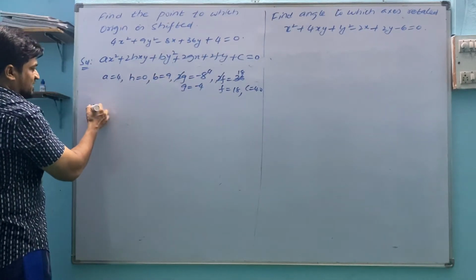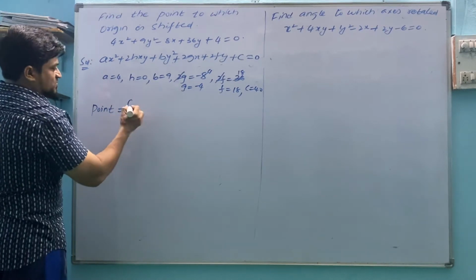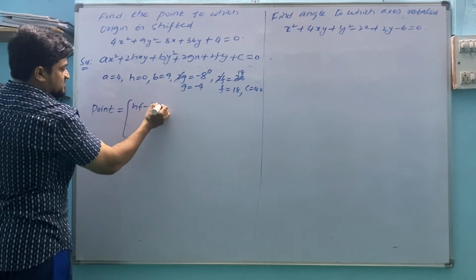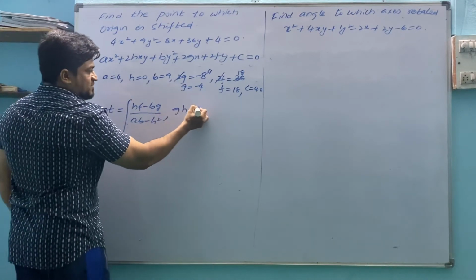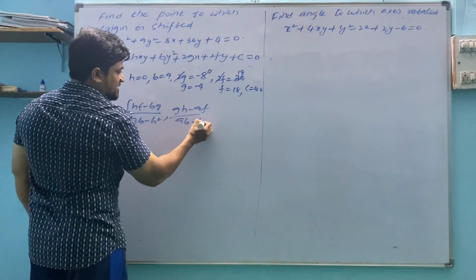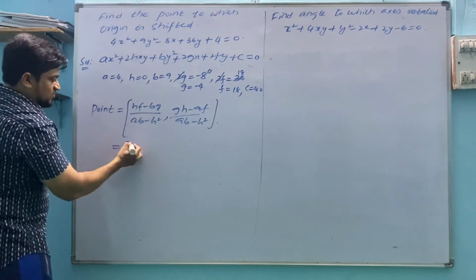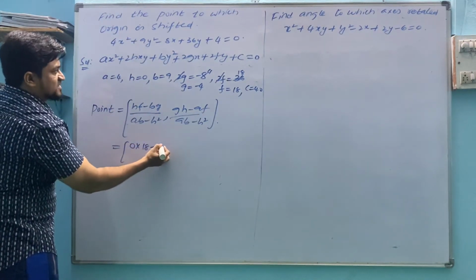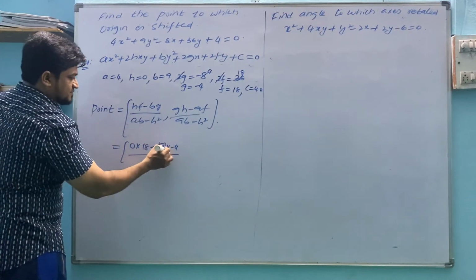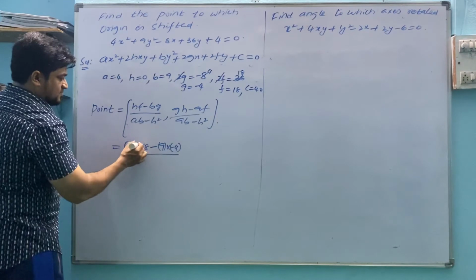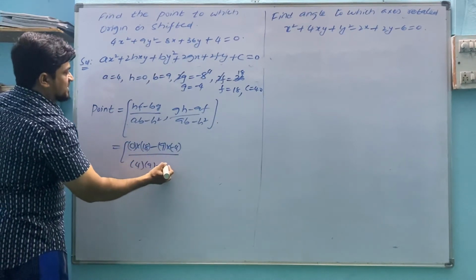Then you can write the point to which the origin is shifted is equal to (hf minus bg) by (ab minus h square), (gh minus af) by (ab minus h square). So h into f, h is 0 into 18, minus b into g, divided by ab minus h square.